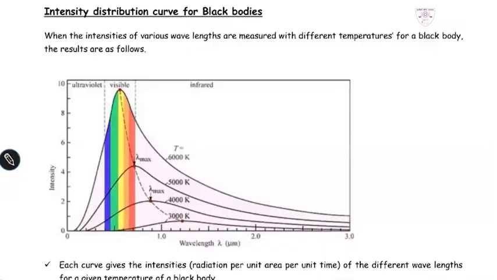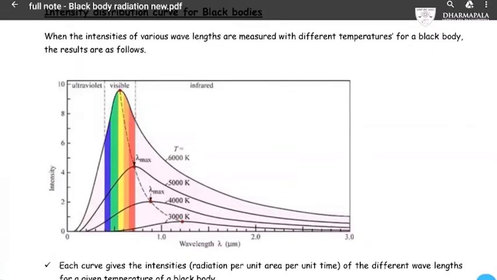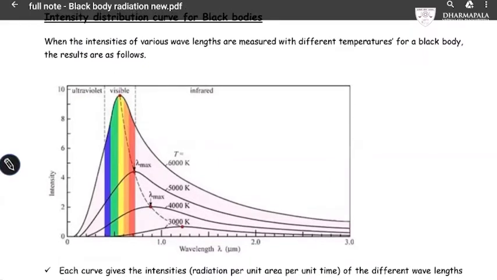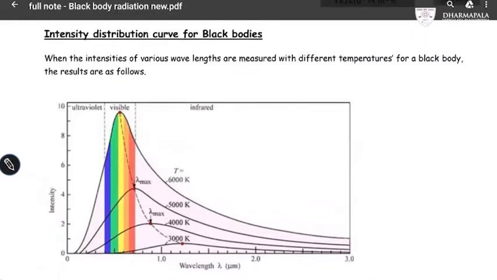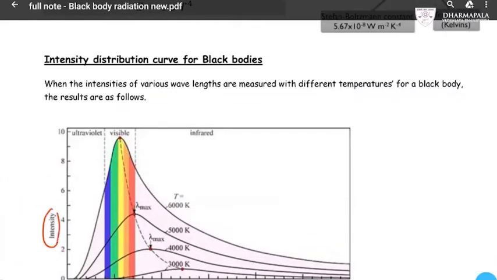Then we are going to discuss the intensity distribution curve for black bodies. That is the graph between intensity on the y-axis and wavelength on the x-axis.